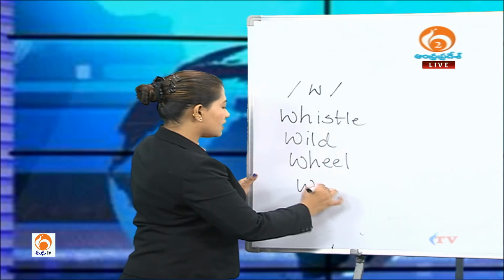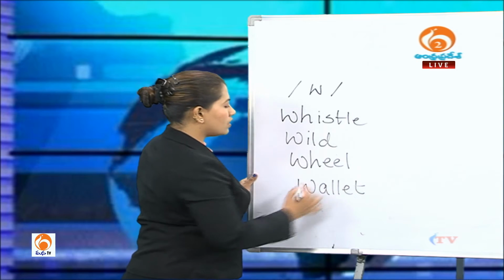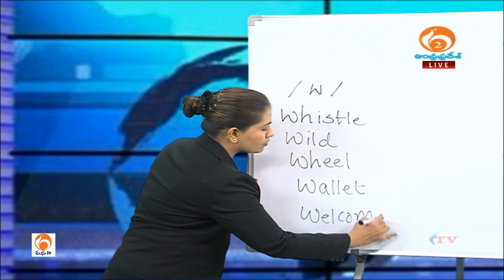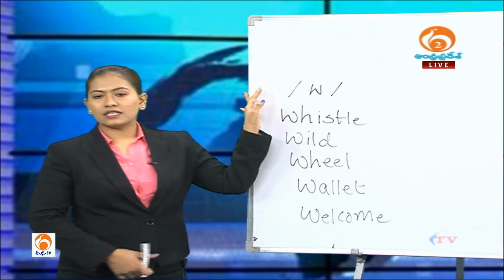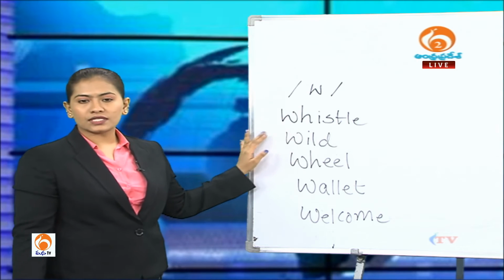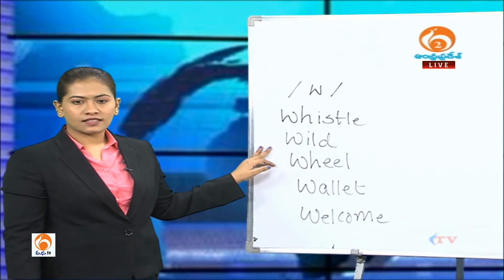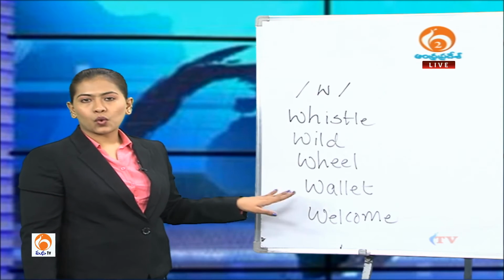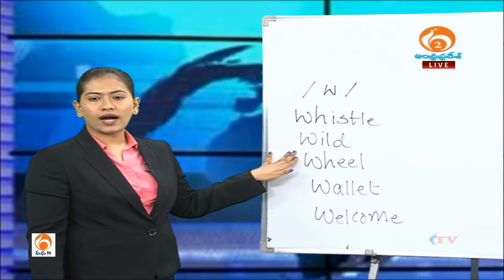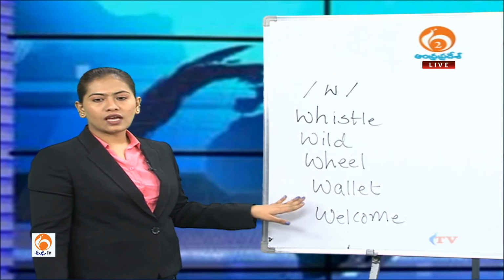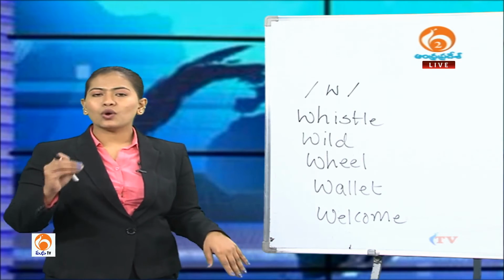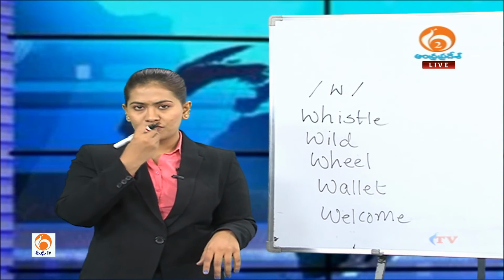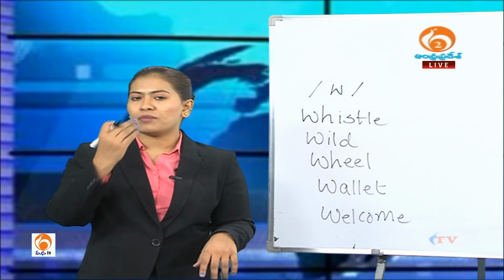We have discussed this as an example, wallet, welcome. Once again, whistle, wild, wheel, wallet and welcome. So these are the examples with your W sound, where W is voiceless and you will be giving this sound with the help of two lips and as if you are about to whistle.